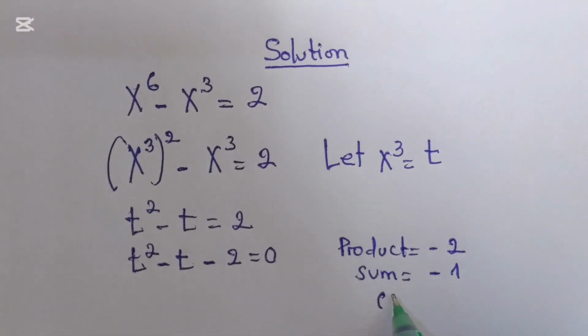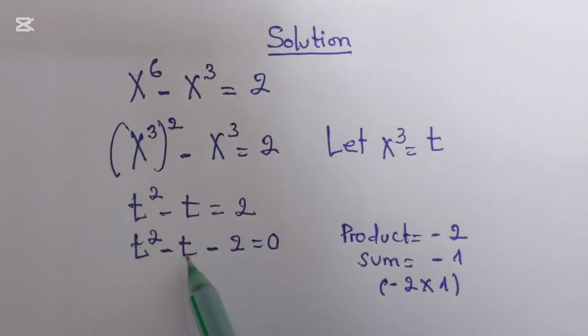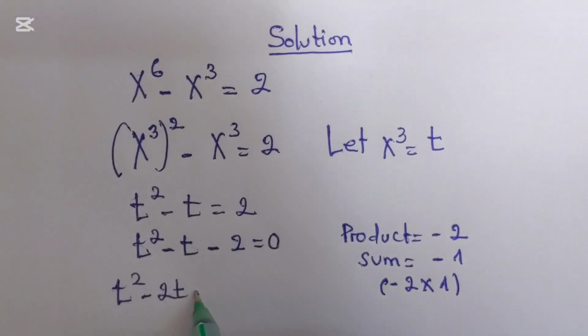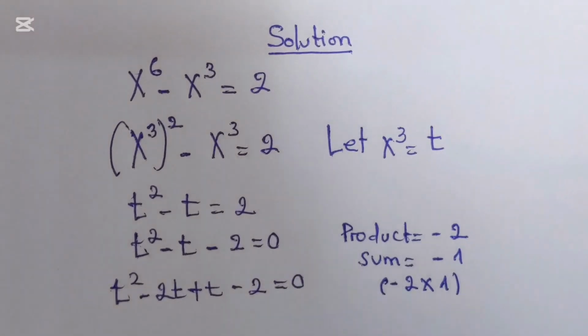Here we have to choose negative 2 times 1. So this will replace this t to get t squared minus 2t plus t minus 2, which equals 0.